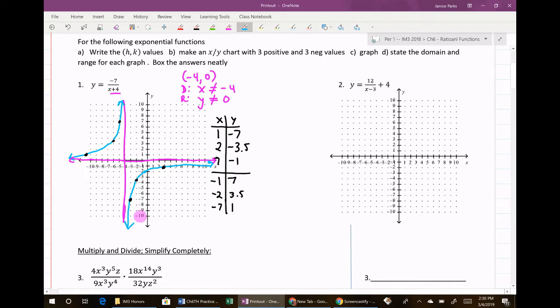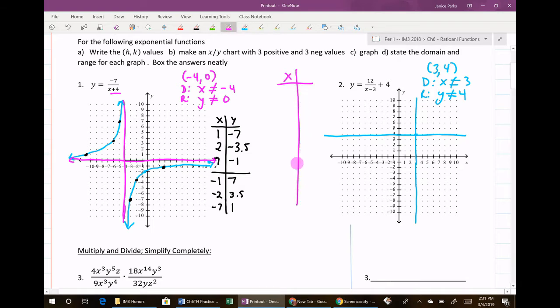For the second one, your HK is 3 and 4. So the domain, x cannot equal 3, and the range, y cannot equal 4. So if I draw in the point 3, 4, or the lines 3 and 4, your HK, we have a 12, not your HK, excuse me, your A value.